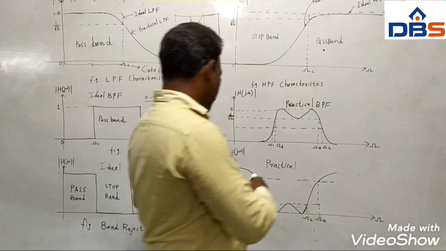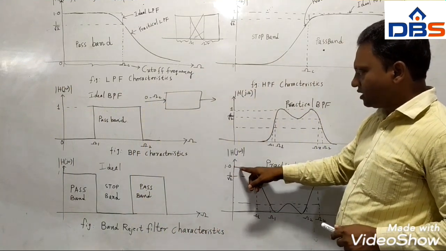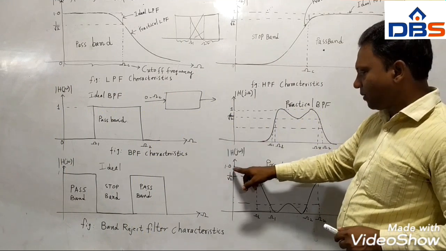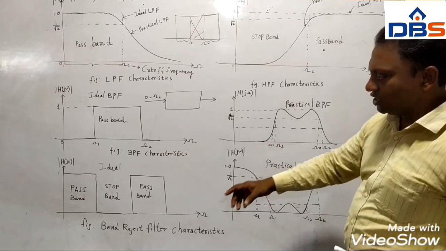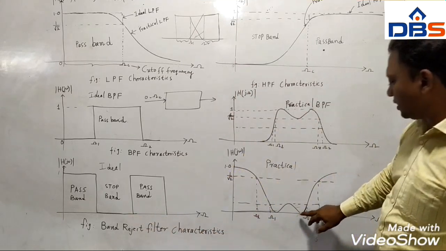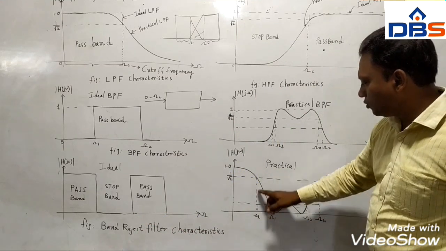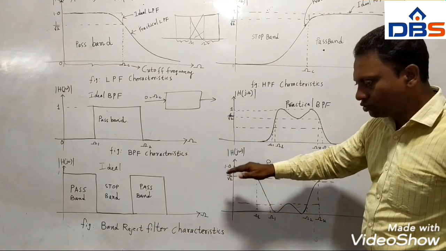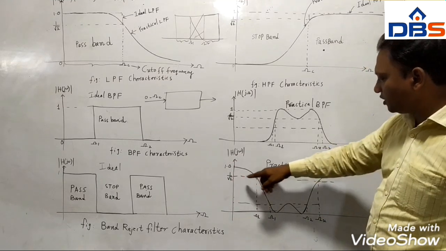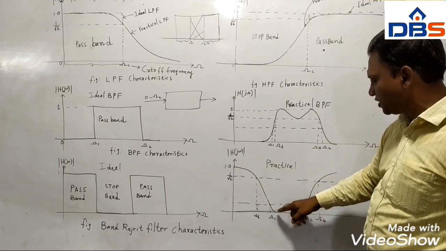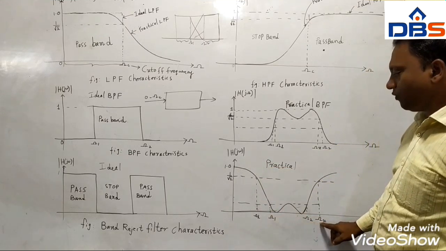And if you come to the practical band reject filters, the magnitude is not constant like that. The magnitude is slowly decreasing, and after reaching the stop band end, it rises and reaches the maximum value after some frequency. Wherever this magnitude reduces by 1 by root 2, if you draw a line, wherever that line cuts this frequency response characteristic, that is called the lower cutoff frequency and upper cutoff frequency.